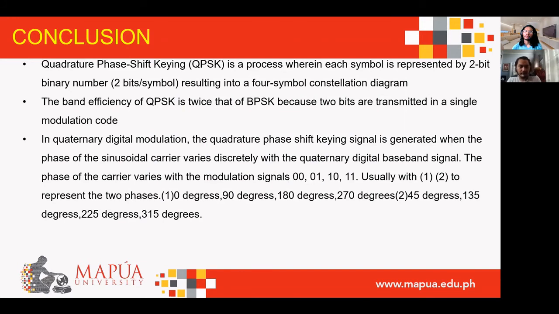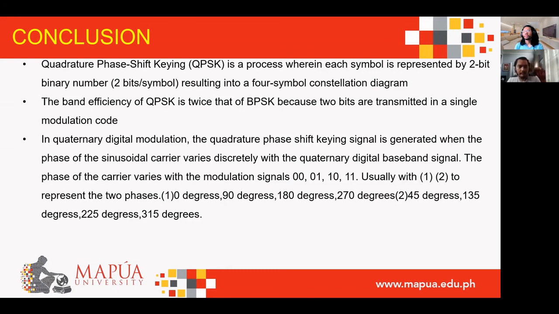So concluding this activity, quadrature phase shift keying or QPSK is a process wherein each symbol is represented by a 2-bit binary number, or 2 bits per symbol, resulting in a 4-symbol constellation diagram. Then the bandwidth efficiency of QPSK is twice that of BPSK because 2 bits are transmitted in a single modulation code.